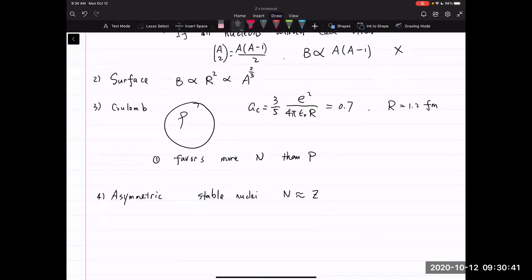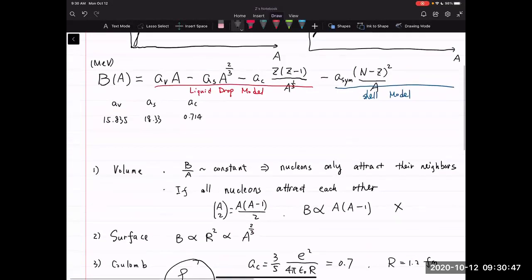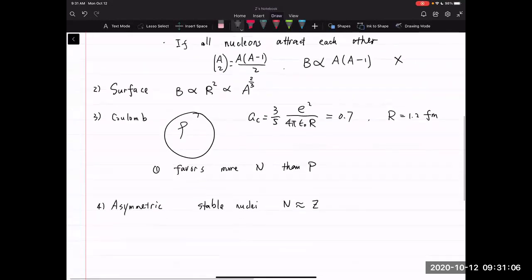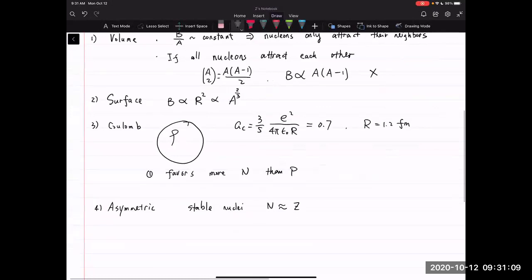So this term will favor N approximately the same as Z. And for this term and the previous Coulomb term together, the Coulomb term will add a slight bias to this N and Z balance, because this a_C is a very small number, and it favors slightly more neutrons than protons. Okay, so indeed, if we put these two terms together, it comes back to the point that I missed here.